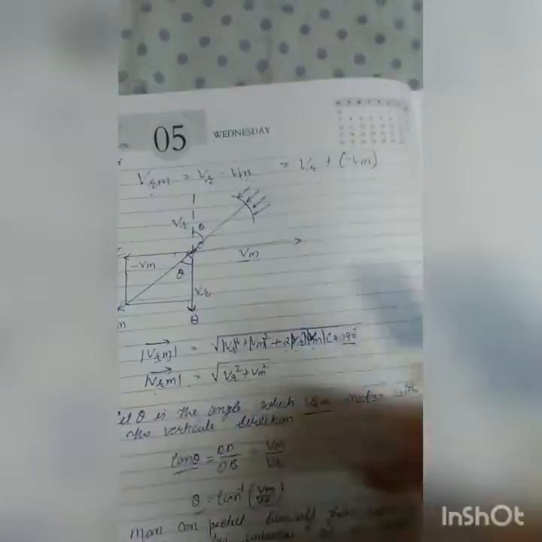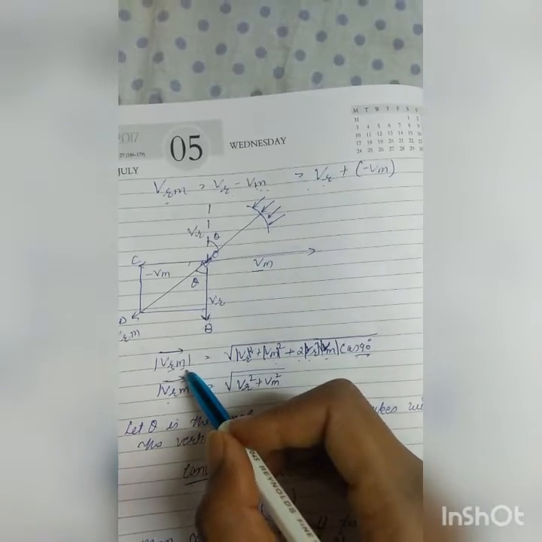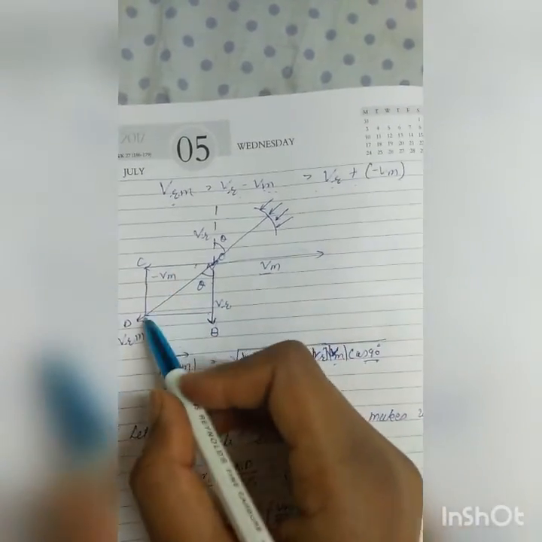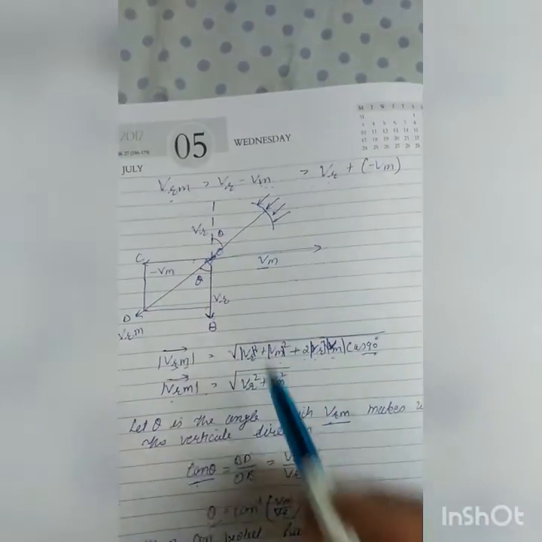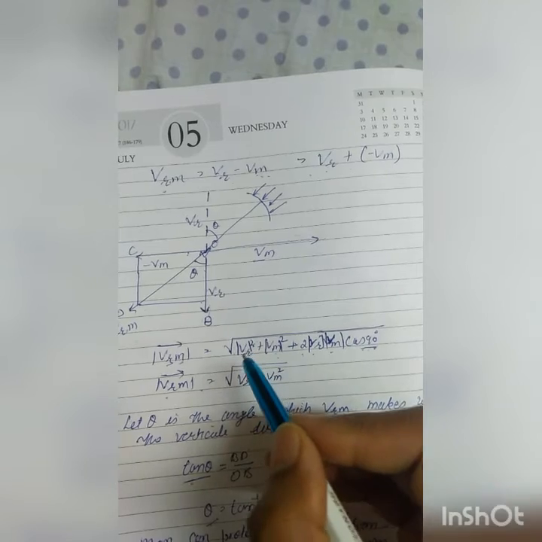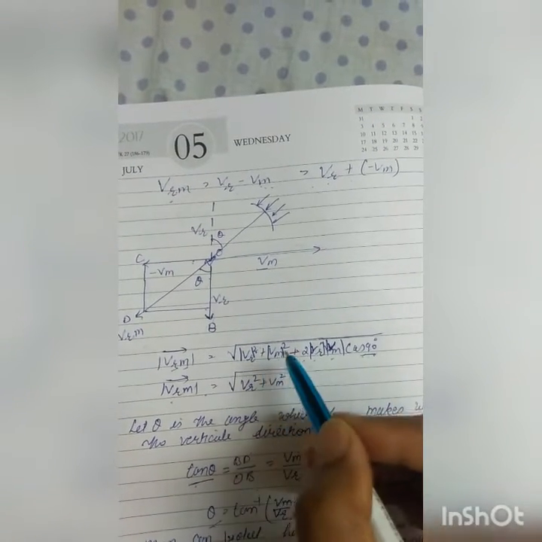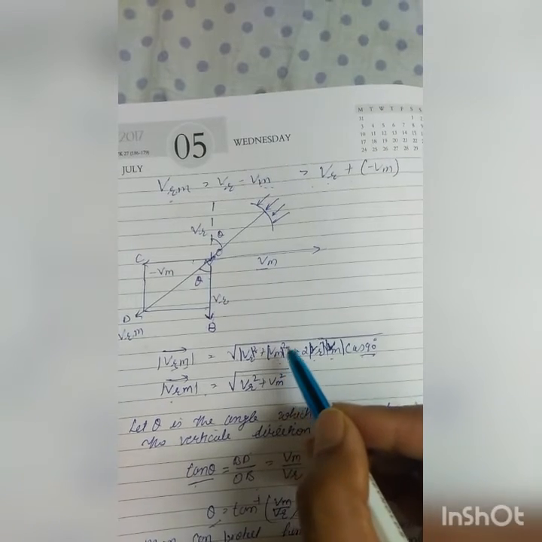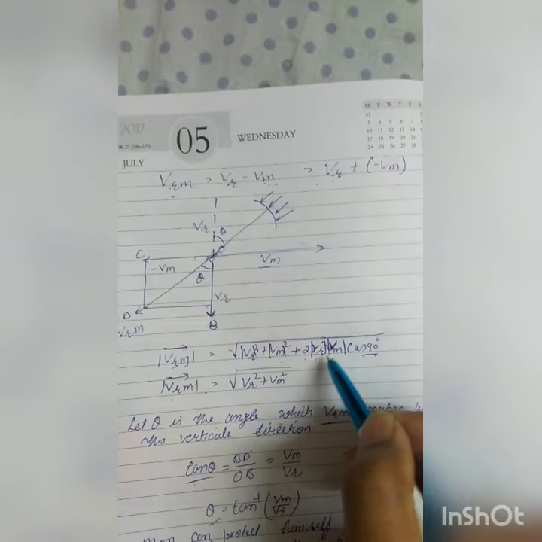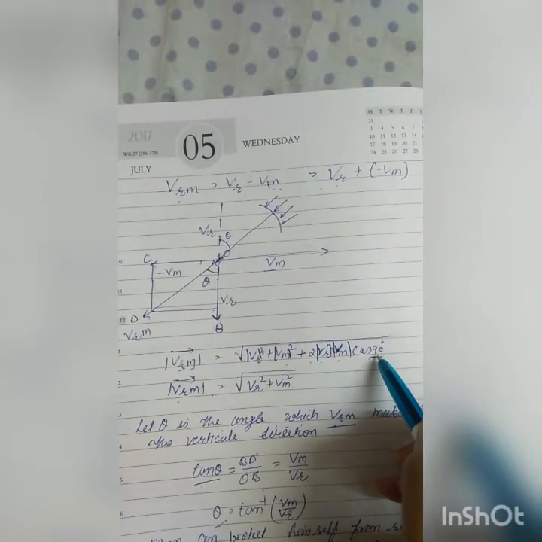In order to find the resultant of the relative velocity of rain with respect to man, we have to complete the parallelogram and apply the law of parallelogram of addition. We find that the square of the magnitude of the velocity of rain plus the square of the magnitude of the velocity of man plus 2 into the magnitude of velocity of rain into velocity of the man and the cos of the angle between these two.